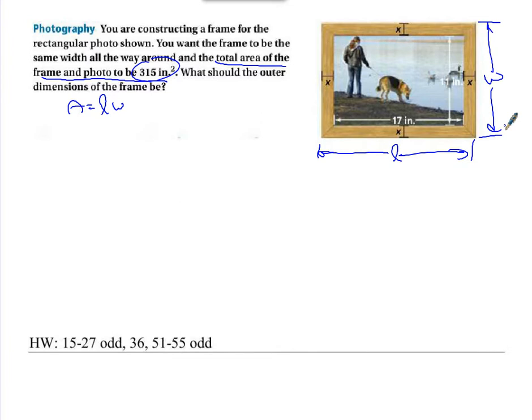So how long is my length? If the picture is 17 inches, and the width of this frame is x and x. My length equals 17 for sure, right? But we also got to cover this distance here and this distance here. So what is the total length?